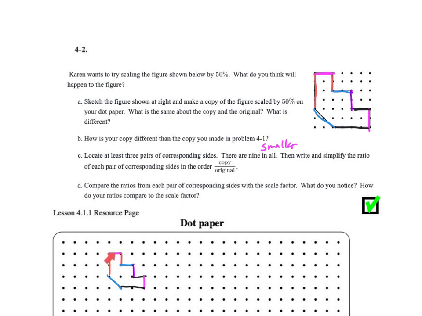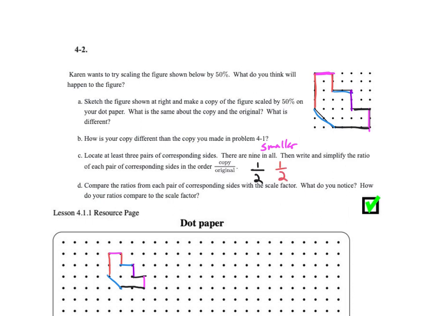So looking at my shape here, this pink top side should correspond with, again, that pink top side. This purple up and down should correspond with this purple up and down. And then write them, and then write the ratio. So the copy is 1, the original was 2. The copy of that red side was 1, the original was 2.